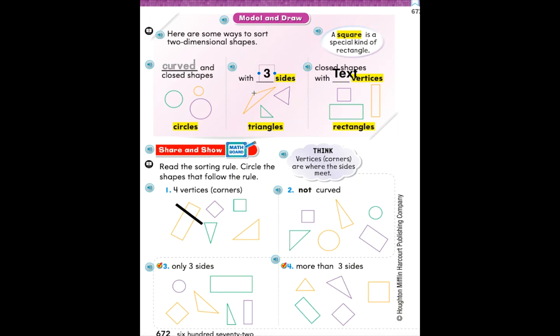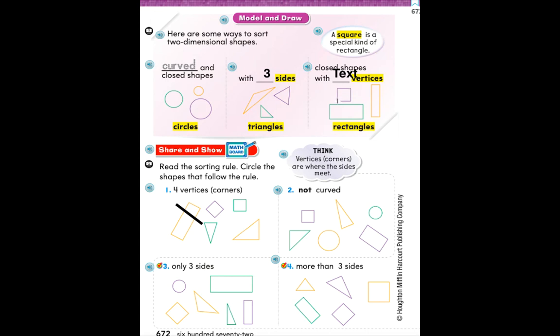Since we know that there are three sides in the triangle, one, two, three, let's count the squares and rectangles. One, two, three, four. Four sides for a square. And let's count the vertices where the sides join. The joining point of two sides is called a vertex. I'm repeating it again.